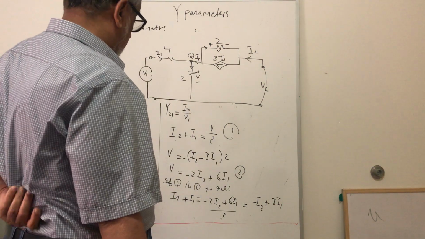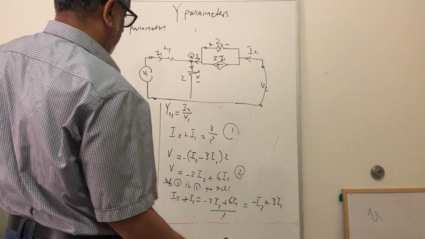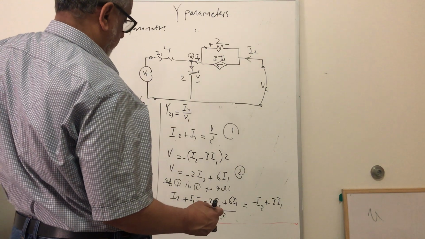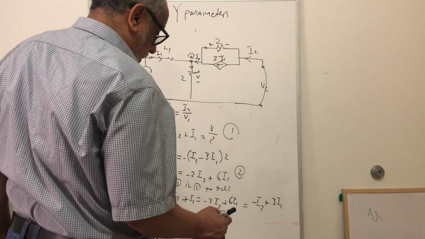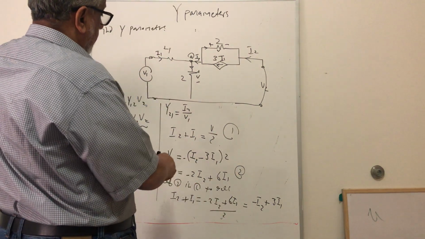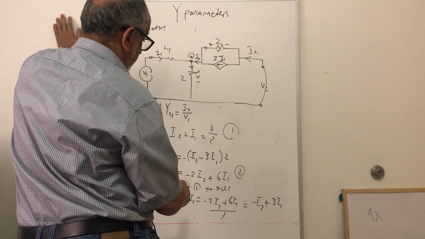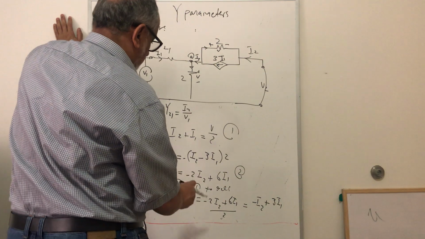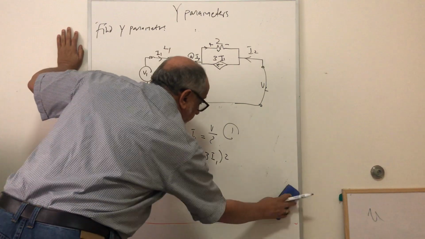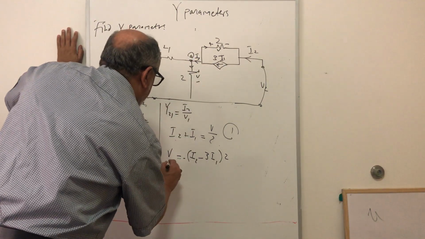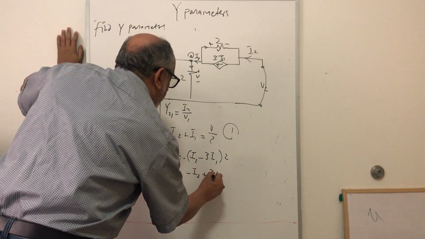So from here we can simply say V over 2 is equal to minus I2 plus 3I1.